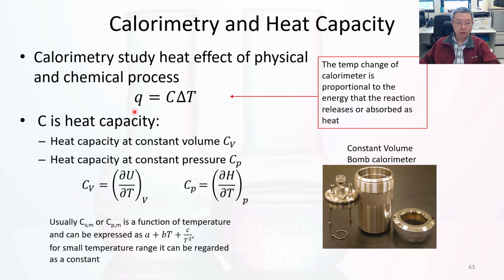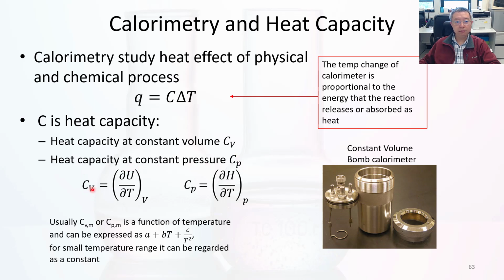So there are two kinds of heat capacities. The first kind is when the volume is constant. This is called CV. The subscript means this quantity is held constant, similarly here, so we have V and P. Heat capacity at constant pressure is called CP.